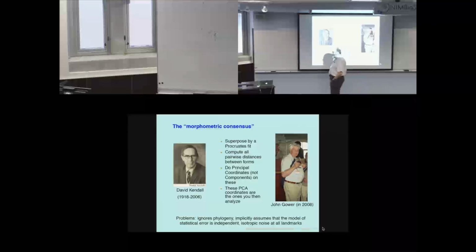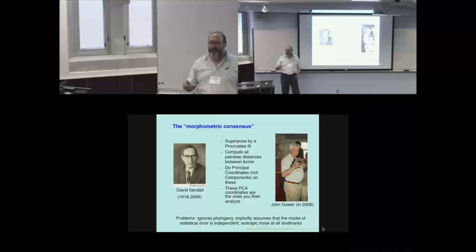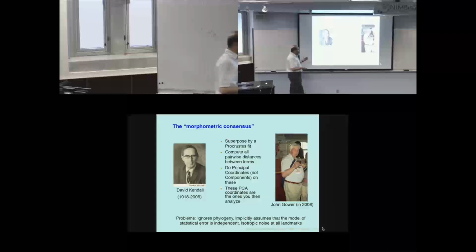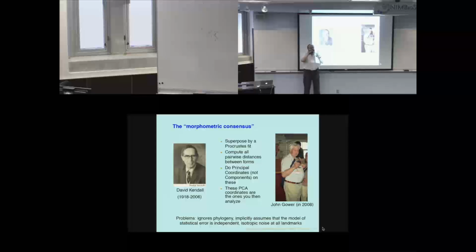And you might say, this is a little weird. The specimen coordinates got lost and you have just these distances. What Kendall was able to show was that if you have measurement error such that each point is deviating from what it should be by a normal distribution.